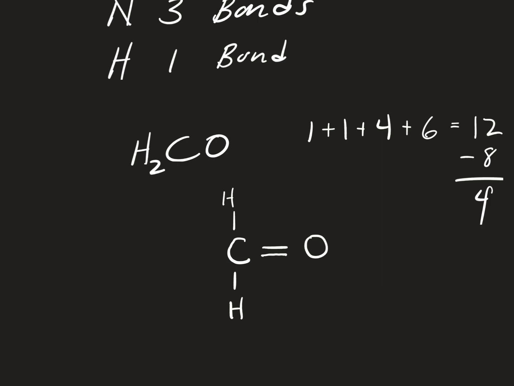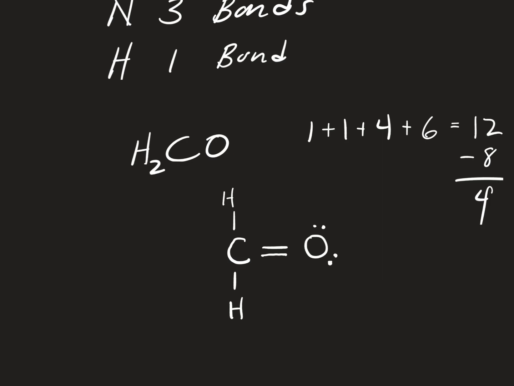And what we're going to do now is distribute those valence electrons so that we have octets all the way around. I'm going to take those 4 leftover electrons and put them around the oxygen. Why am I doing that?